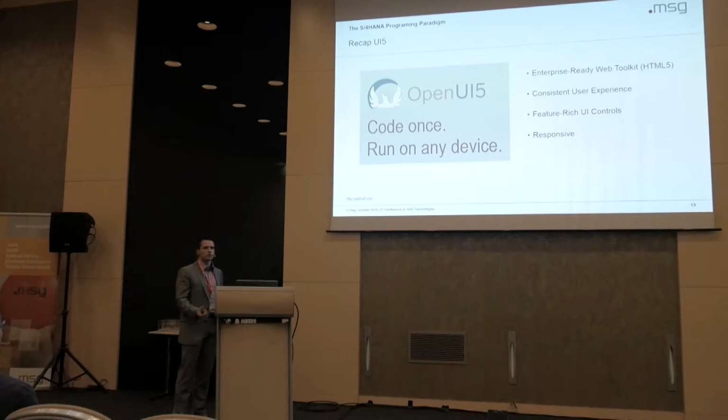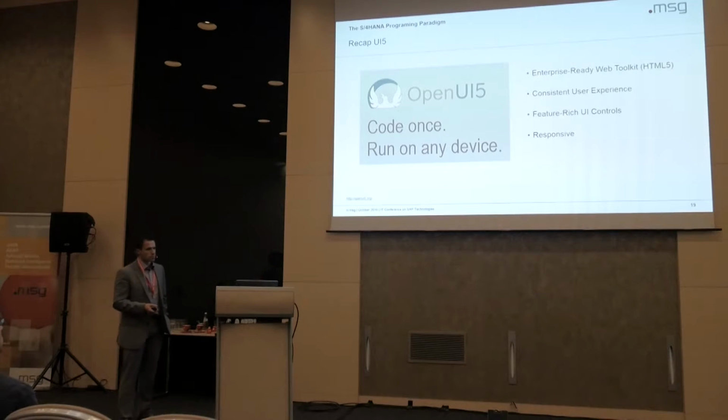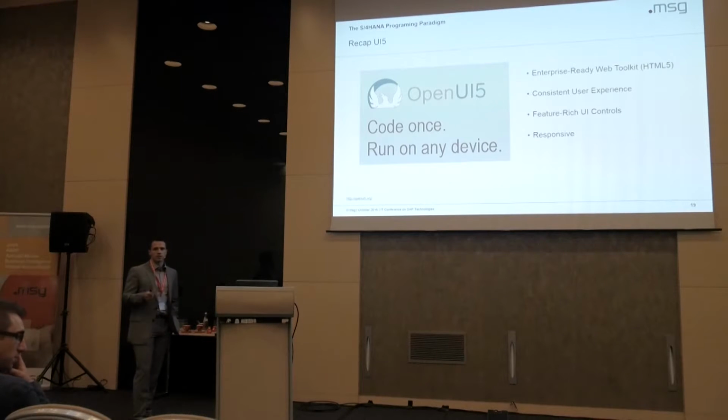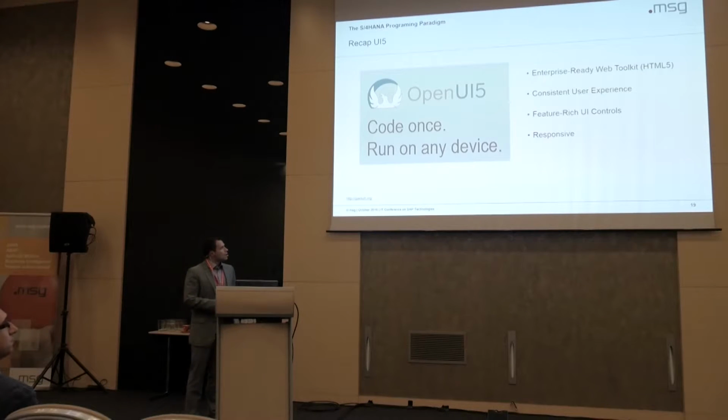SAP UI5 is the stuff you get when you buy a license. It's a subset. There are some libraries that are not contained within UI5 that are part of SAP UI5. Mostly, I think, some libraries for graphs and for charts and so on. Okay, so that's UI5, just to remind you.